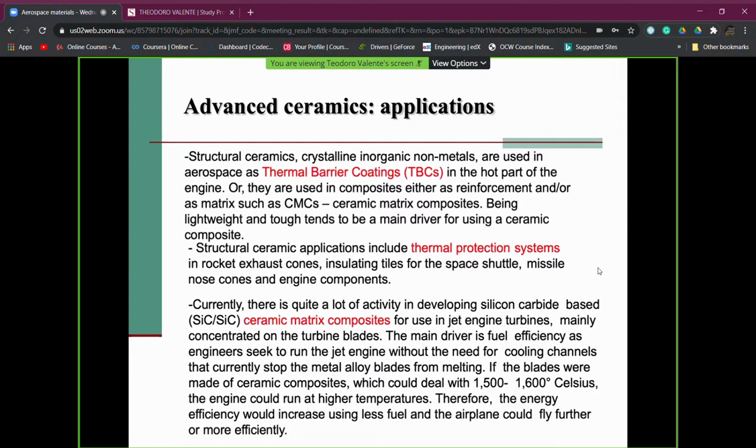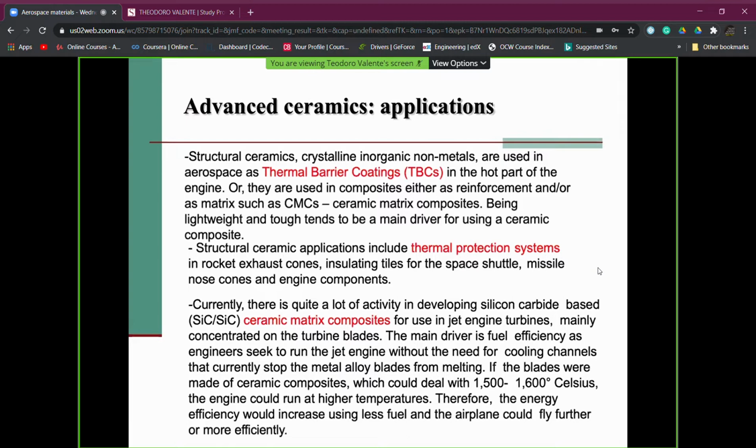I will not say advanced ceramic each time. We are now discussing only advanced ceramics. So I should say oxide-based advanced ceramic materials, but I just say, for simplicity, oxide-based ceramic materials.